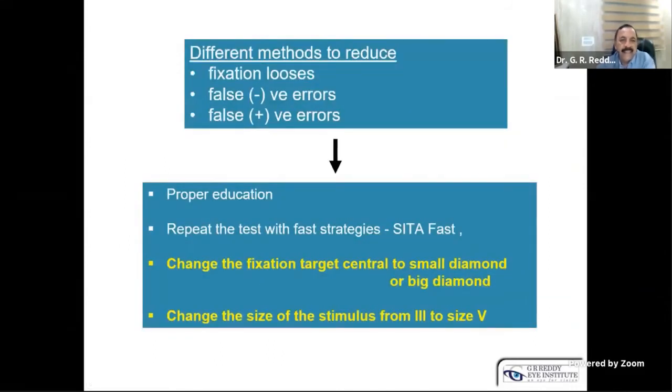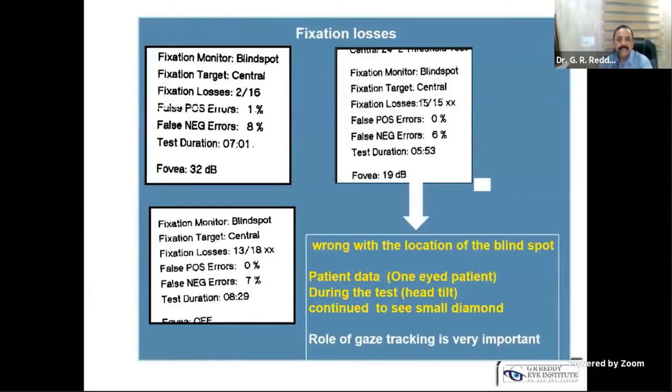So by proper education, or by changing from SITA standard to fast strategies, or changing the fixation target from central fixation to a small diamond or a big diamond, or changing the size of the stimulus from size 3 to size 4, you can reduce the high fixation losses and high false negatives to a greater extent.